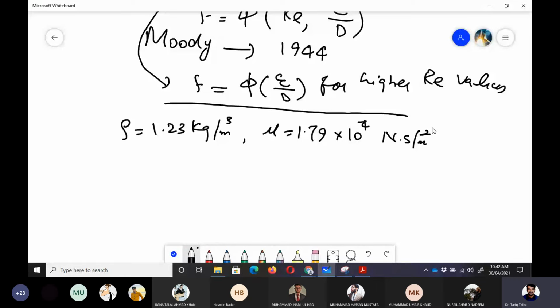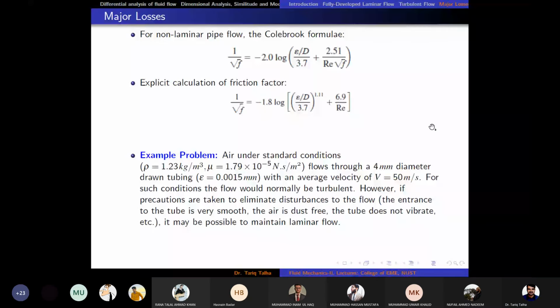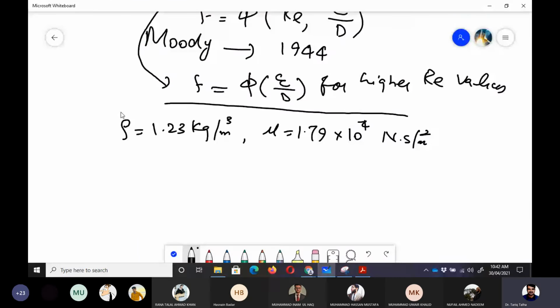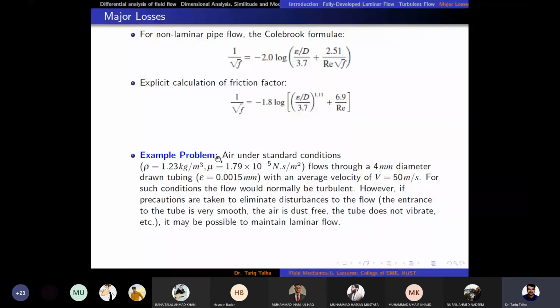The diameter is 4 mm, so it can be written as 0.004 meter. Then the epsilon value is 0.0015.